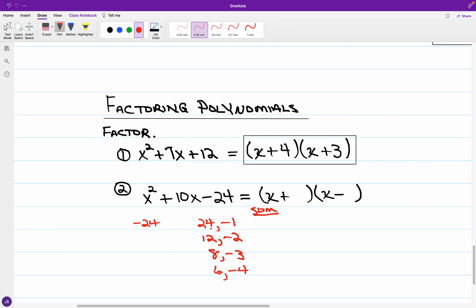If I were to add them together, 24 plus negative 1 is 23, 12 and negative 2 is 10, 8 plus negative 3 is 5, 6 plus negative 4 is 2. But I'm looking for that combination where the sum is going to be on the plus side at 10. And this happens to be 12 and negative 2. So for that output, we have x plus 12 and x minus 2.